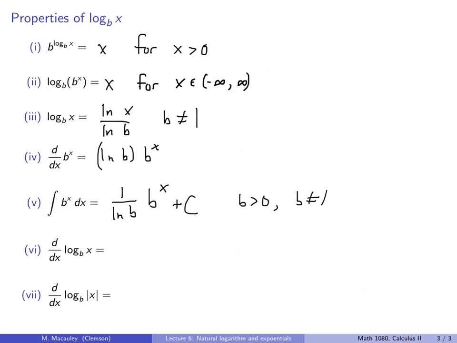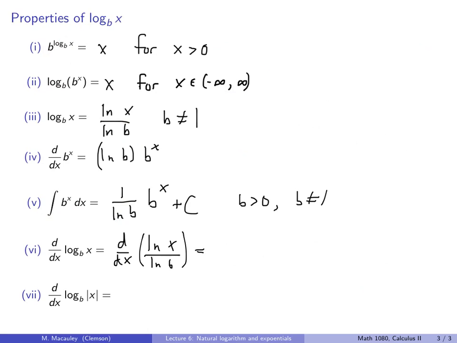Okay, next property. The derivative of log base b of x. How do you do this? You just write log base b of x as natural log of x over natural log of b. Now natural log of b is a constant, so you can pull that out.